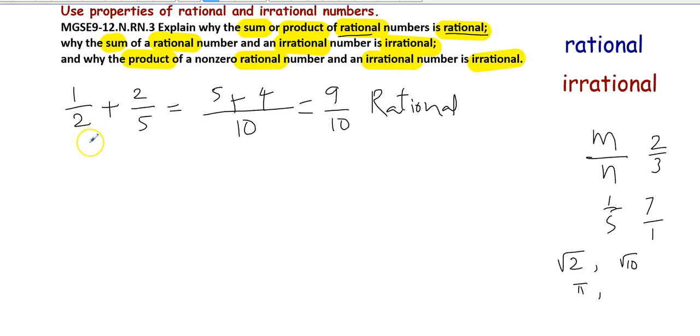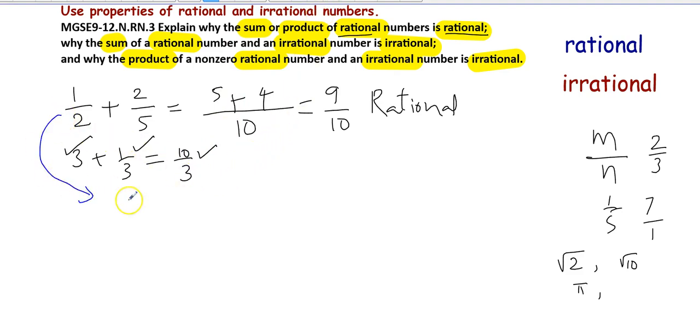Likewise, if you want to add 3 plus 1/3, what is 3 plus 1 over 3? That gives you 9 plus 1, 10 divided by 3. 3 is a rational number, 1/3 is a rational number, 10 over 3 is also a rational number. Similarly, you multiply the same thing.